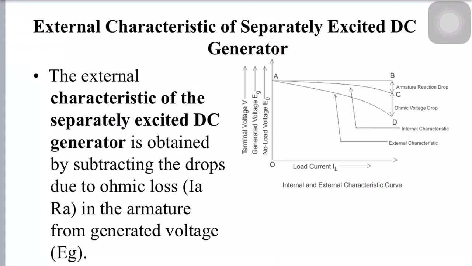The external characteristics curve always lies below the internal characteristics curve. Why do we get this curve below?